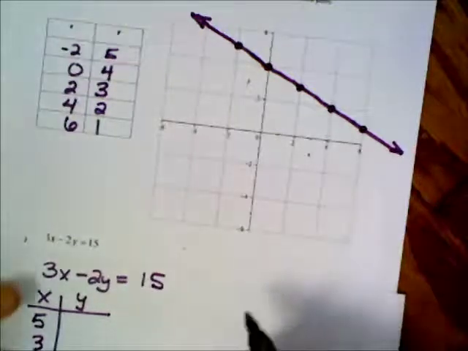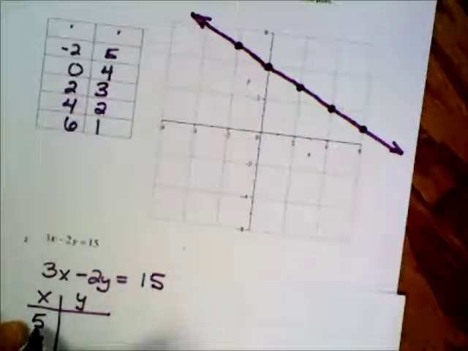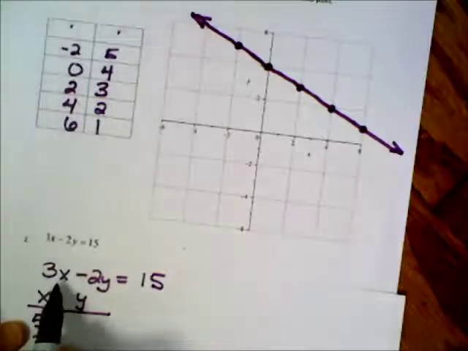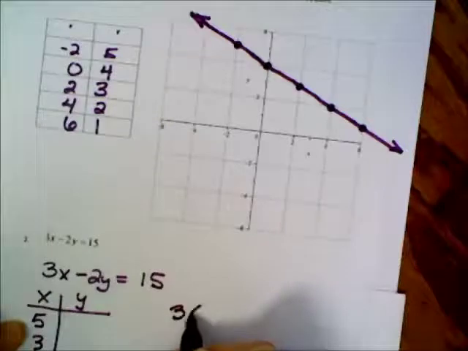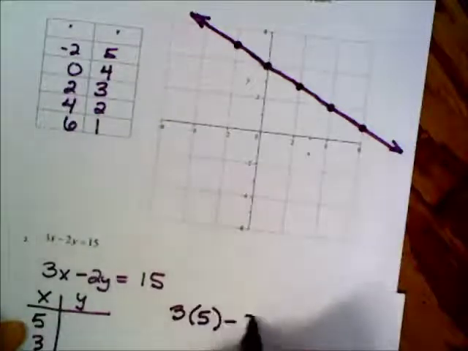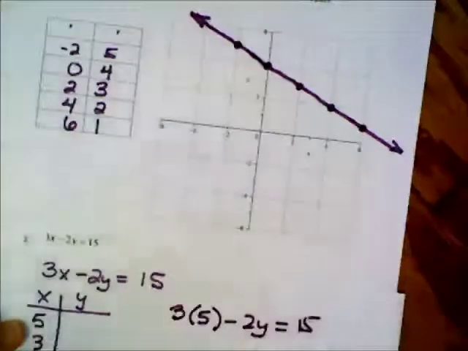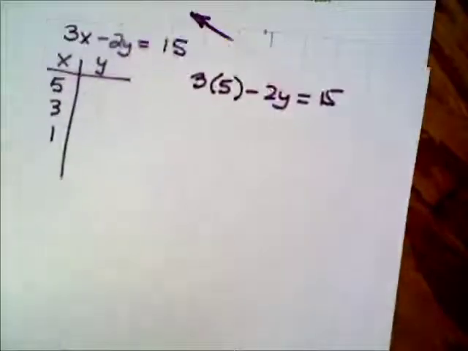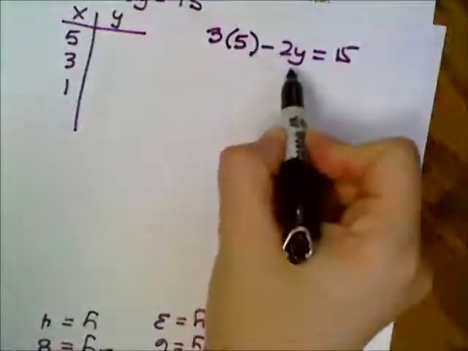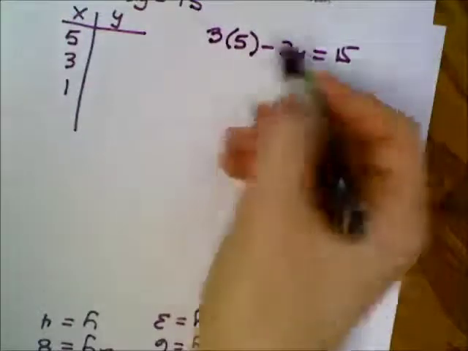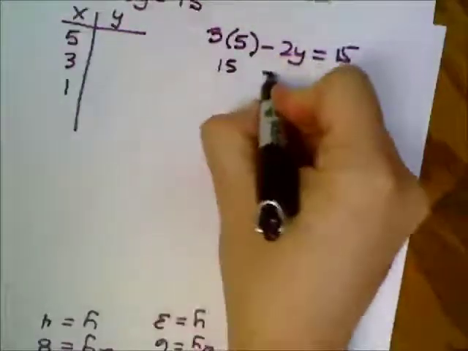Okay, so the example 2, we're going to try letting x equal 5. So in our scratch paper, we need to write down 3 times 5 minus 2y equals 15. And as before, we need to solve this equation for y. Alright, so why don't we simplify this product?